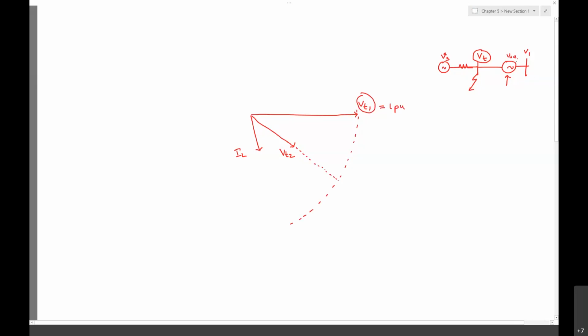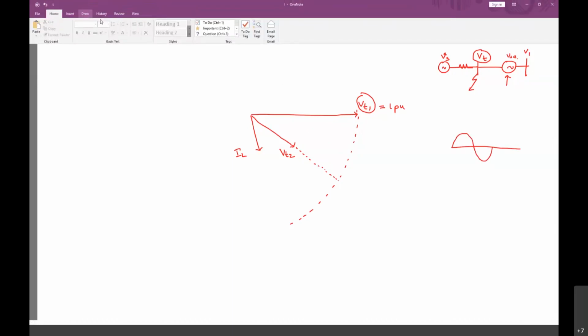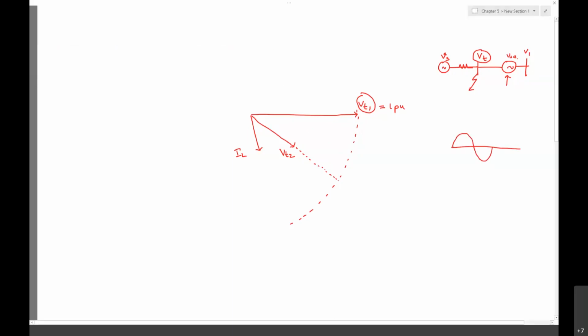The VT2 voltage has been reduced to here. The nominal voltage of 1 per unit is this. I'm not drawing it perfectly sinusoidal, but this amount of magnitude is to be injected by your series compensator.